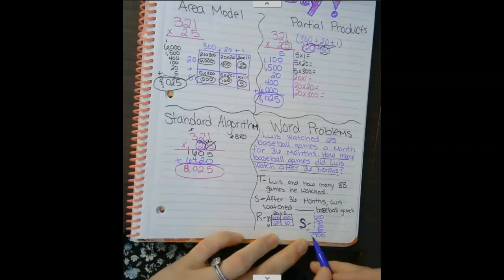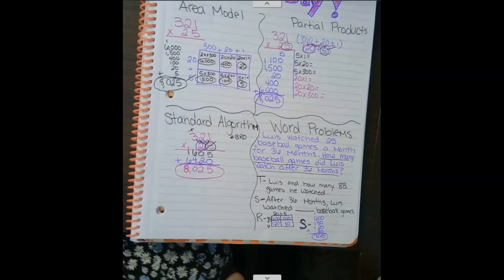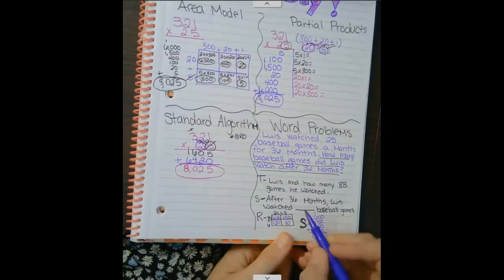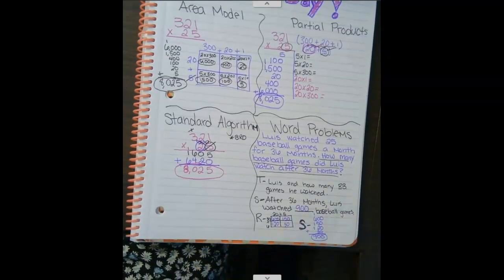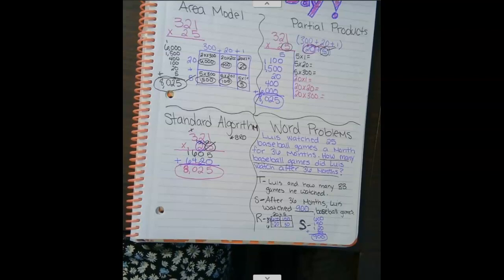Holy moly, 900. So after 36 months, Luis would watch 900 baseball games. So when I plug that back into my sentence, it reads this. After 36 months, Luis watched 900 baseball games. That sure is a lot of baseball games.